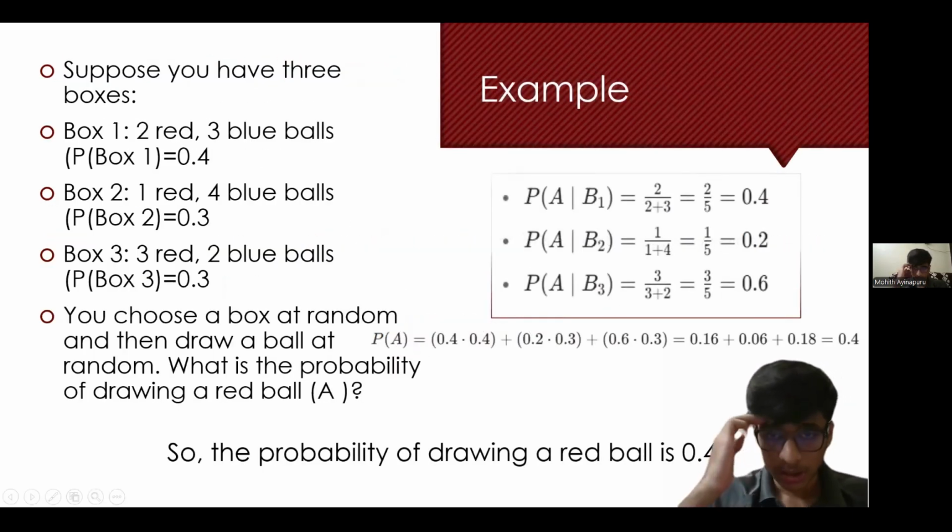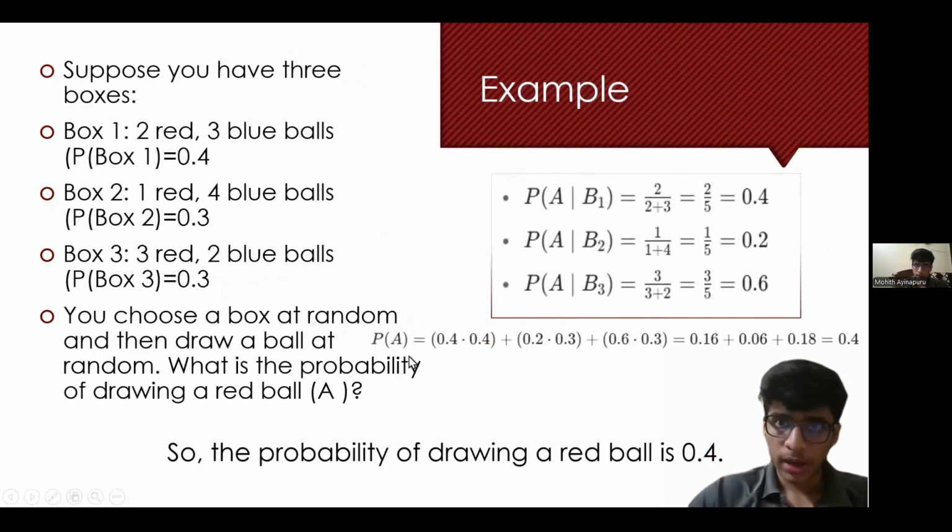Substituting, we get 0.4 times 0.4, plus 0.2 times 0.3, plus 0.6 times 0.3. If we sum all this, we get 0.4. That is the probability of getting a red ball, and this is the total probability theorem.